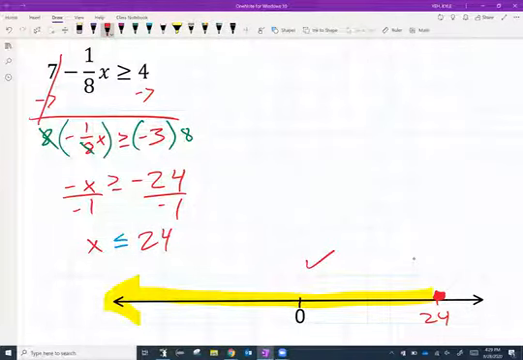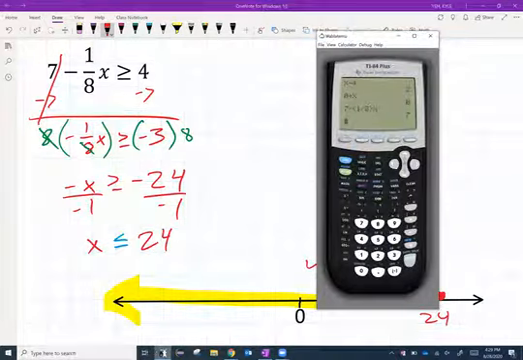How about something that should not work? Let's try 25, for example. 25 is not shaded. Let's see if it doesn't work. All I have to do now is go 25, store x. It says, got it. I'm going to use 25 whenever you type in x. And I'm going to say, what is 7 minus 1/8 x?